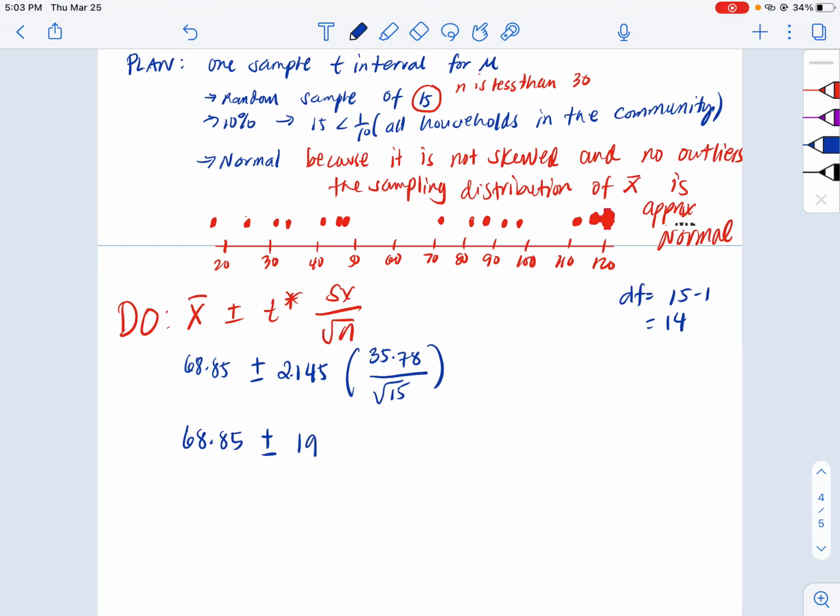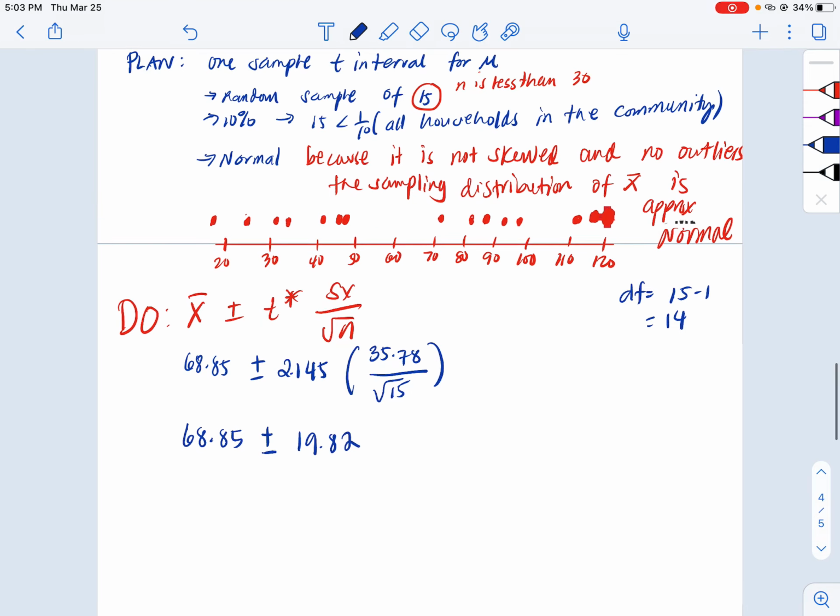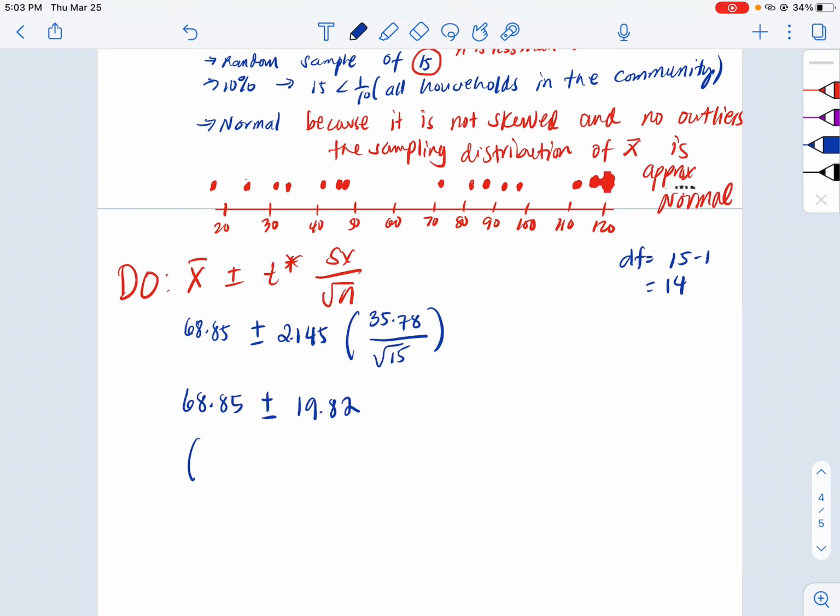I think that's 19.82, but please verify with your own calculator. So I'm going to do 68.85 plus 19.82, and 68.85 minus 19.82. That gives 49.03 and 88.67.